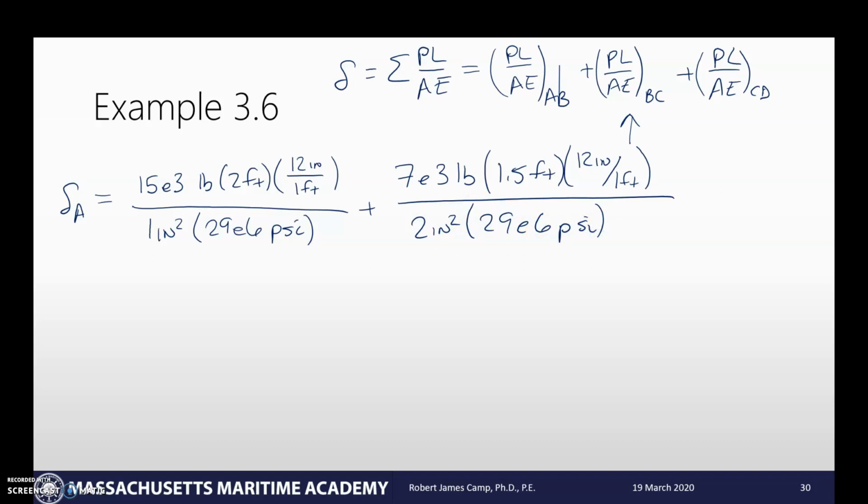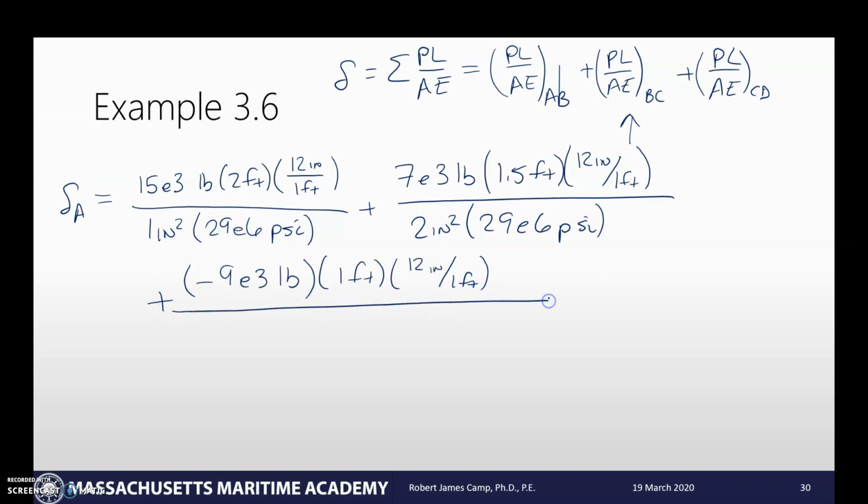The last one I'm going to add to it is that last one is 9 kips of compressive force, so negative 9 times 10 to the 3 pounds. It's only acting over a foot, but we also need to convert that, 12 inches is 1 foot.